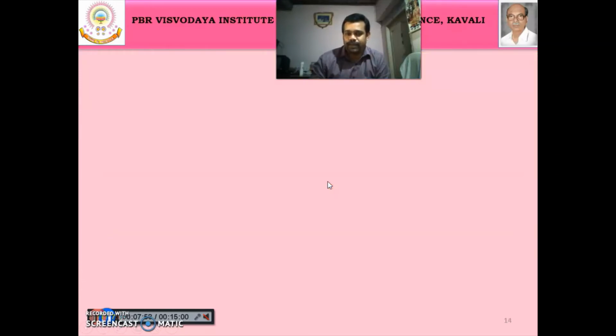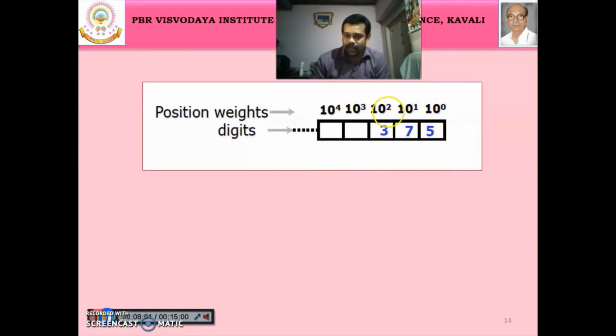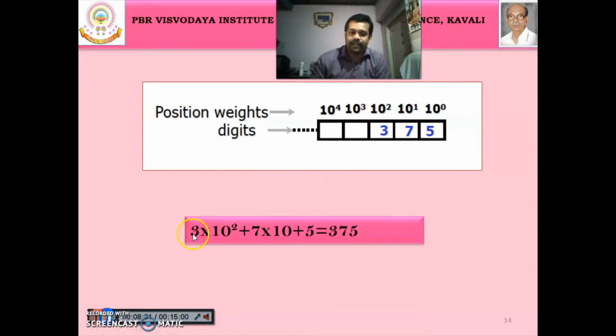So, the value contributed by this digit 5 is 5 into 10 to the power 0, the value contributed by 7 is 7 into 10 to the power 1, and the value contributed by 3 is 3 into 10 to the power 2. So in total we get 3 into 10 to the power 2 plus 7 into 10 to the power 1 plus 5. That is 5 plus 70 plus 300, which is nothing but 375.